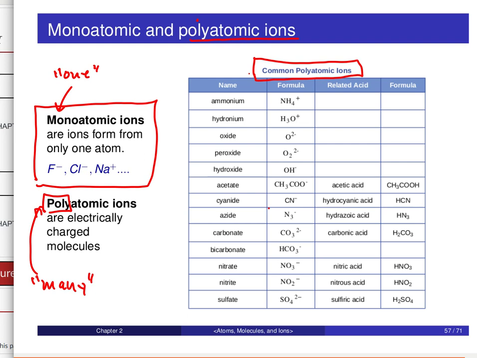And I just want to point out some general trends here. When you are looking at these molecules, we find that similar to the charges that we saw in monoatomic ions, we're typically looking at +1, -1, +2, -2.